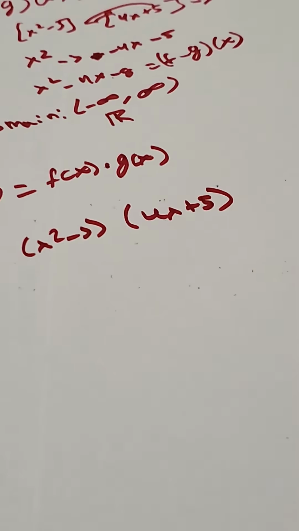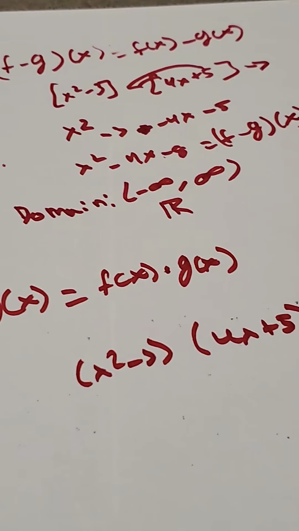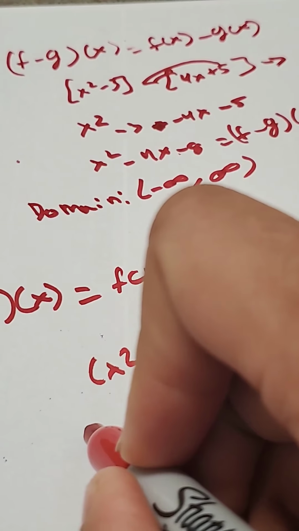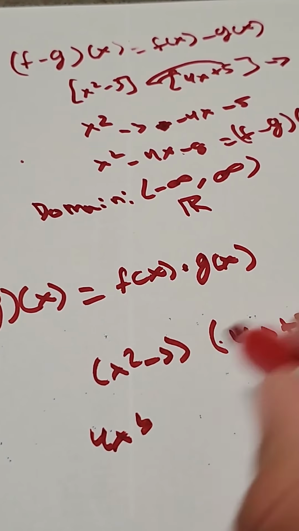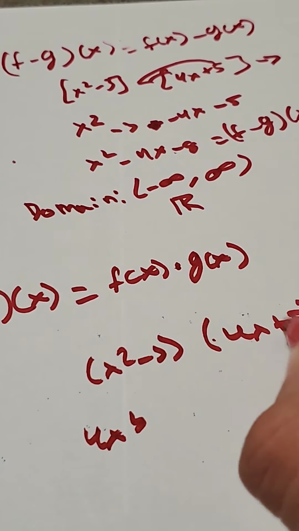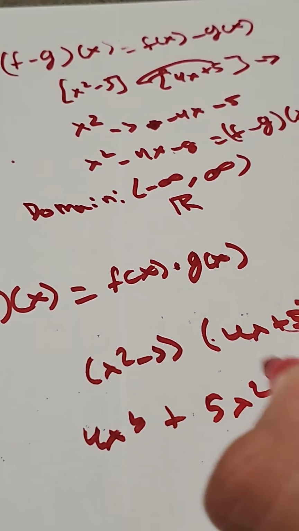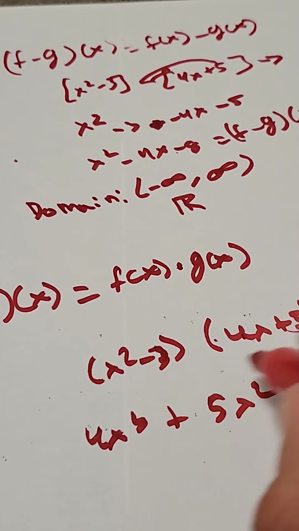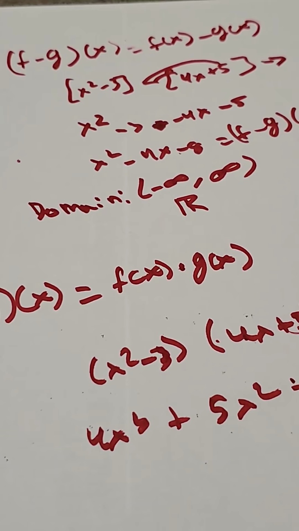Okay, so this applies to the distributive property. We're going to FOIL. So the first term, so 4x cubed, and then we're also going to get, so this x squared goes to the 5, plus 5x squared, this 3 to the inner term, so minus 12x, minus 15, sorry guys.